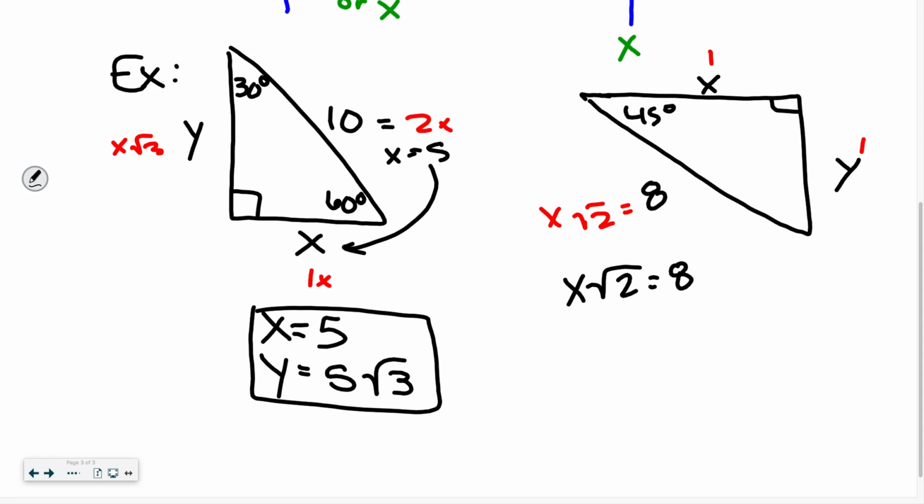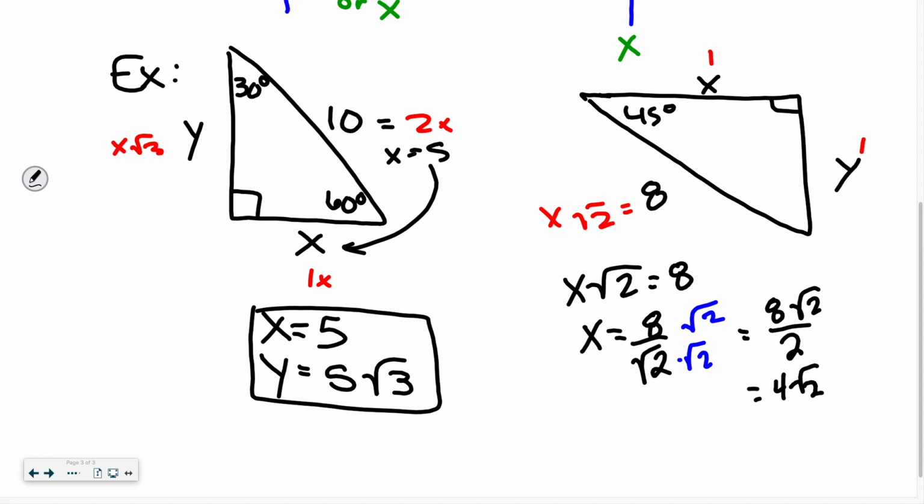Divide by square root 2, so x equals 8 divided by the square root of 2, and then I would rationalize. So times square root 2 over square root 2, that's 8 square root 2 over 2, which is 4 square root 2. So then this side is 4 square root 2, and this side is 4 square root 2.